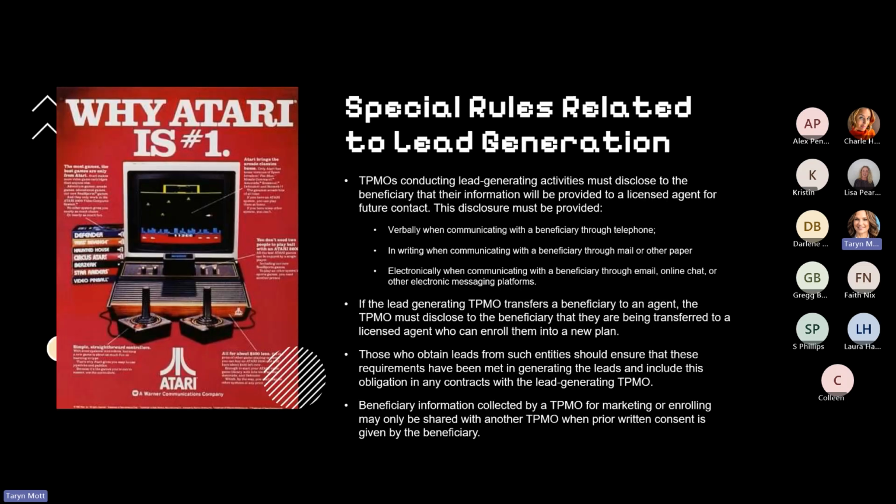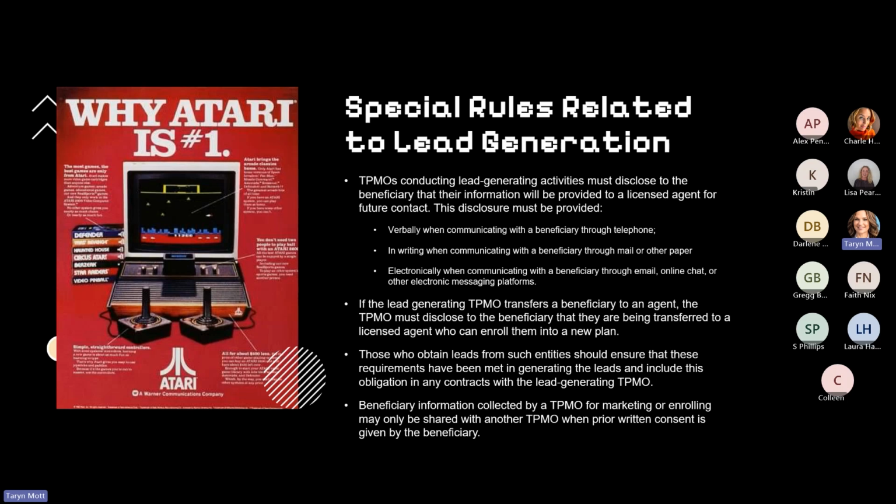Special rules related to lead generation. TPMOs conducting lead generating activities must disclose to the beneficiary that their information will be provided to a licensed agent for future contact. This disclosure must be provided verbally when communicating with a beneficiary through telephone, in writing when communicating through mail or other paper, and electronically when communicating through email, online chat, or other electronic messaging platforms.